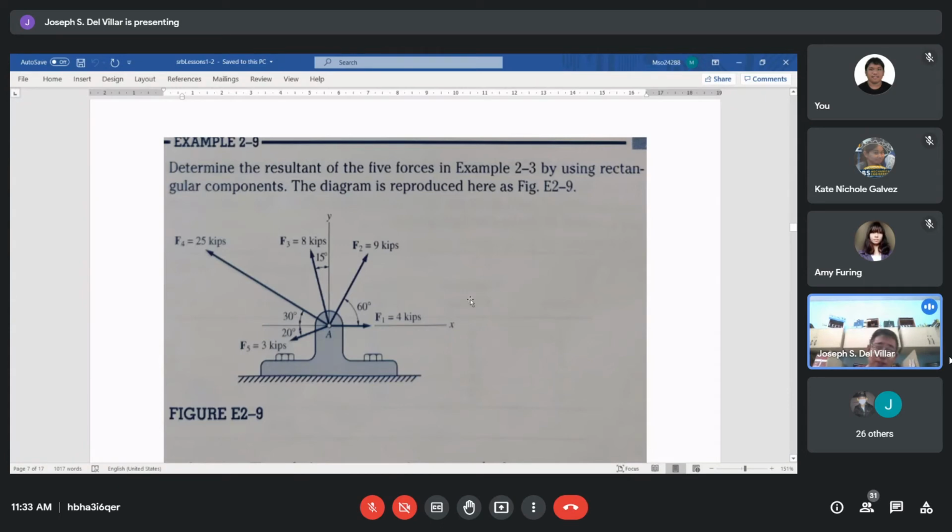So since there are 5 forces plus 2, so ang row ninyo should be 7. Why 7? Because yung 5 row doon ay for the forces. The first row and the last row will represent the title, okay, yung title ng fx, fy, or horizontal component, vertical component. And the last row will represent the summation of all the forces.